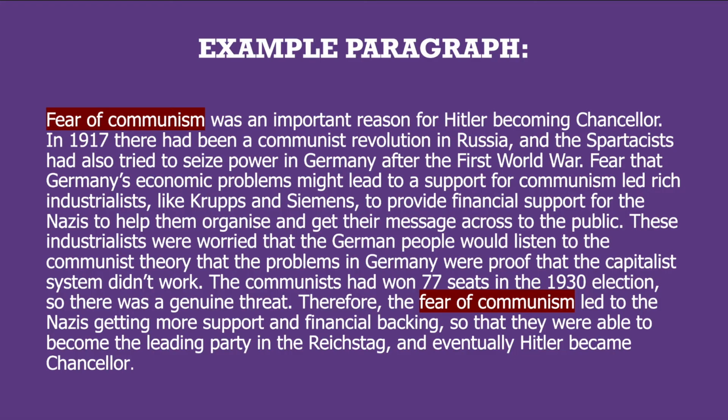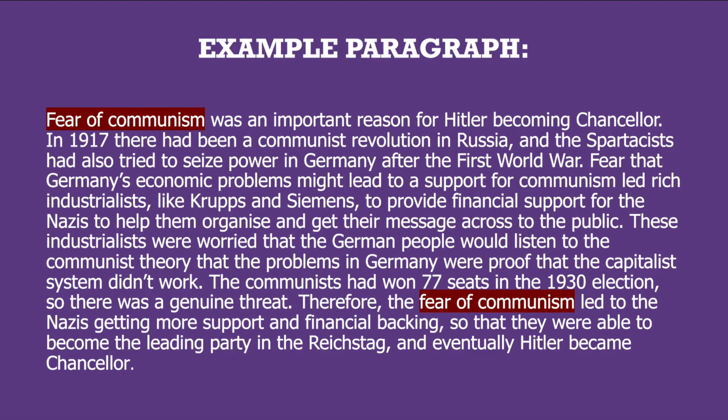Fear of communism was an important reason for Hitler becoming chancellor. In 1917, there had been a communist revolution in Russia, and the Spartacists had also tried to seize power in Germany after the First World War. Fear that Germany's economic problems might lead to support for communism led rich industrialists like Krupp and Siemens to provide financial support for the Nazis to help them organize and get their message across to the public.